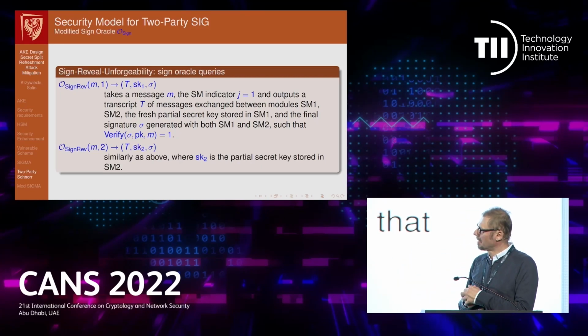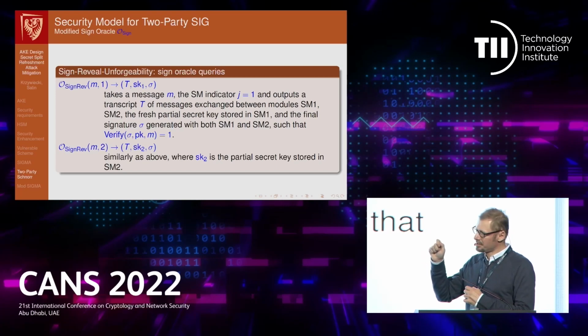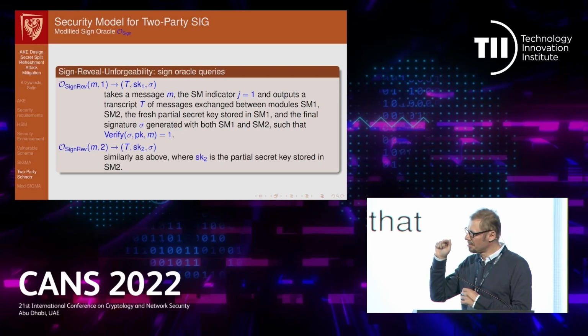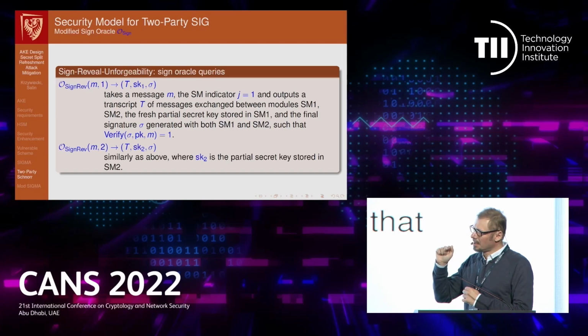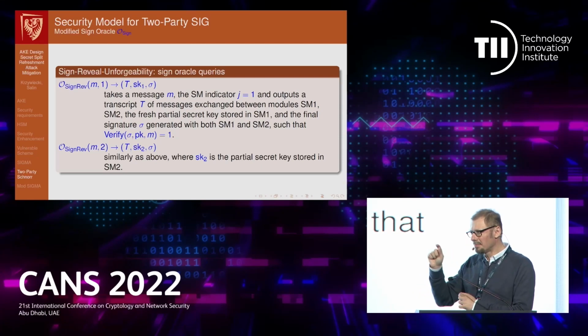So here we have sign and reveal oracles instead of just a sign oracle. The attacker can produce a message of his own, and issue that message as a query to the oracle, saying, please sign me that message with your 2 HSMs and reveal to me the partial key that is used during that signing in the HSM indicated by that index.